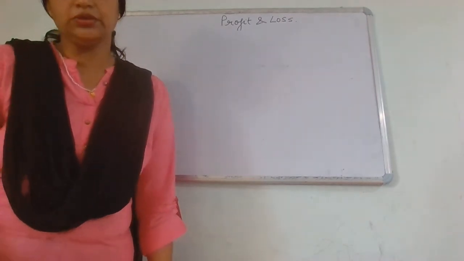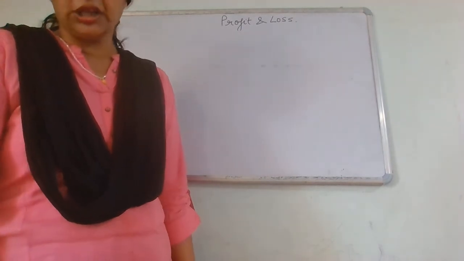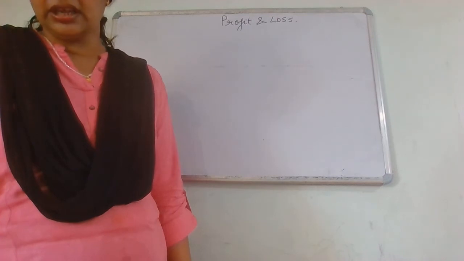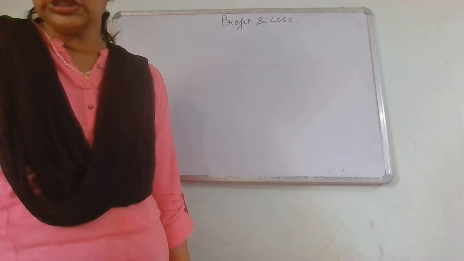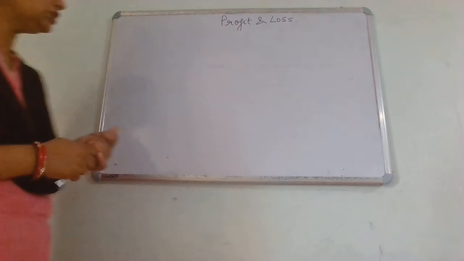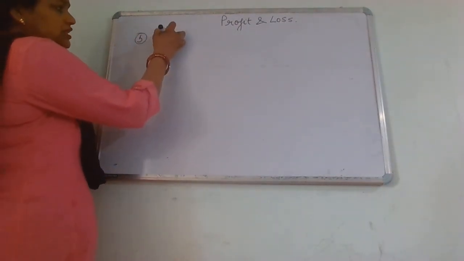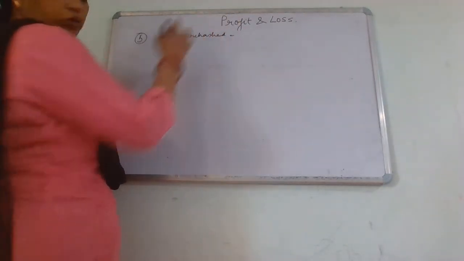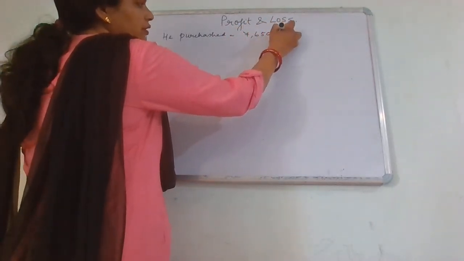Yes, students. The next question is also the same type. Ravi purchased an old house for 7,65,000 and spent rupees 1,15,000 on its repair. Then he sold it at a gain of 5%. How much did he get? So here, total CP is how much? He purchased for 7,65,000.